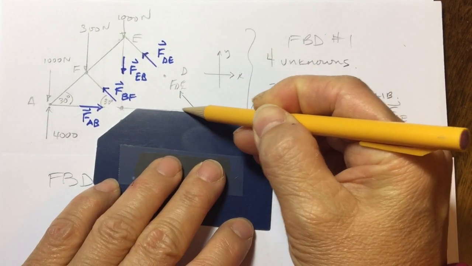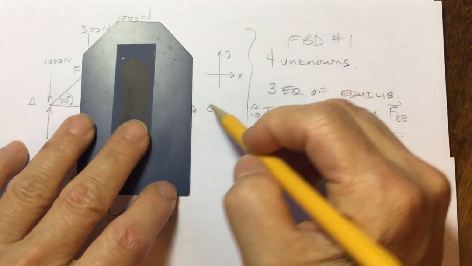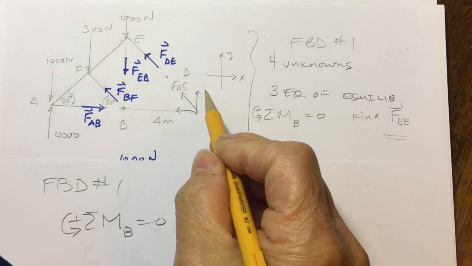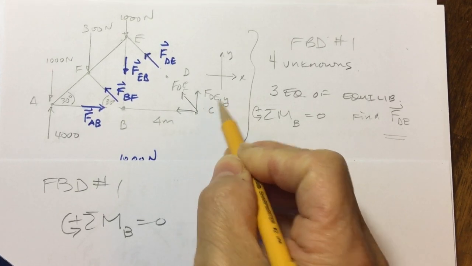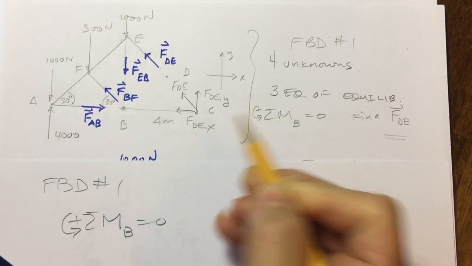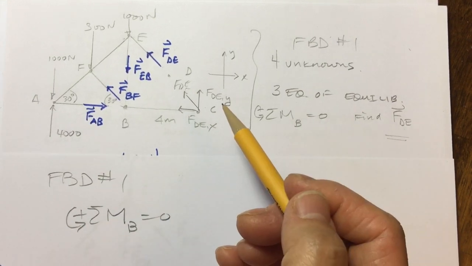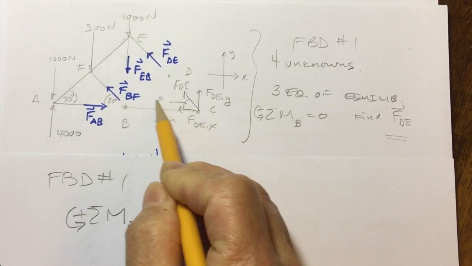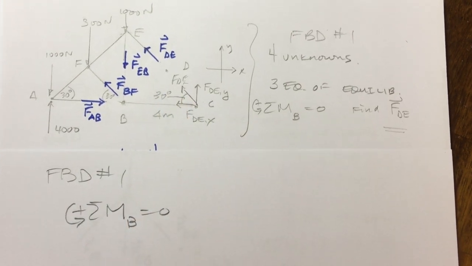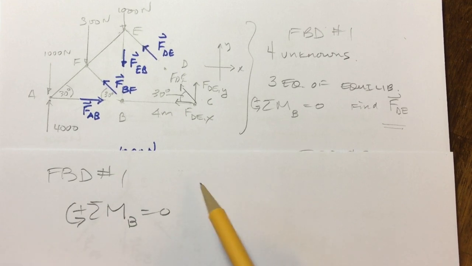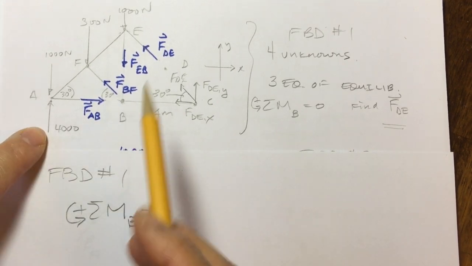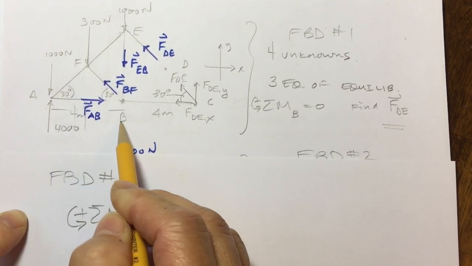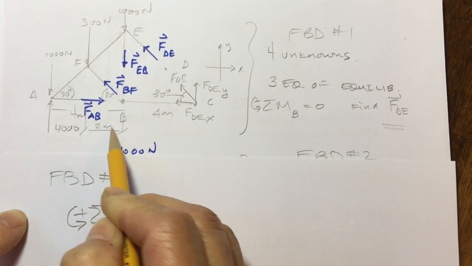And I can express the x component that way and the y component that way. So this would be FDEY, FDEX. According to the problem statement, this is 30 degrees. So here we go. 4,000. This is 4 meters. Right here, that was 2 meters.